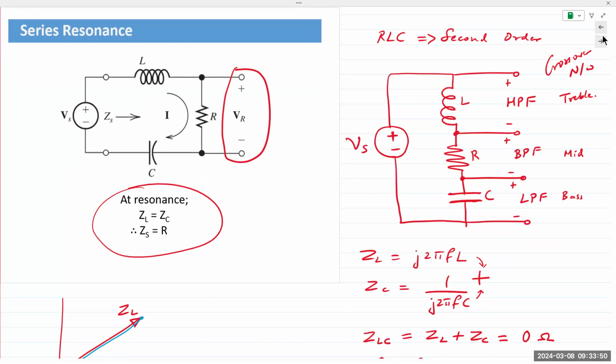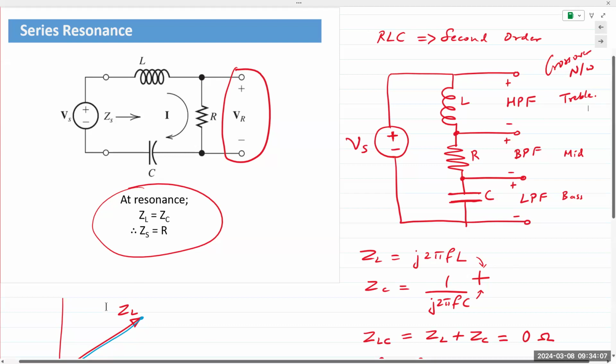You have 2 first order filters in the same circuit, and hence it works as a band pass filter. All right, any questions?